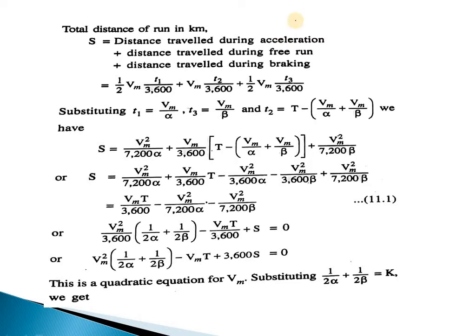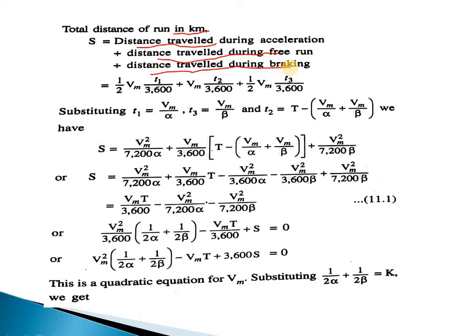Now we have to calculate the total distance of run in kilometers. It is a combination of the distance traveled during acceleration, plus the distance traveled during the free run, and third, the distance traveled during braking.